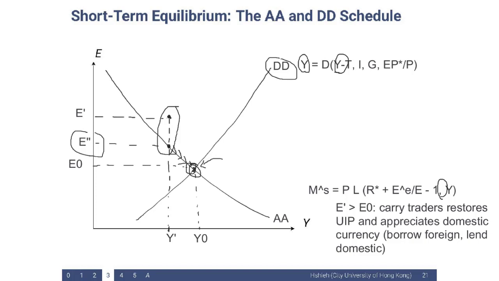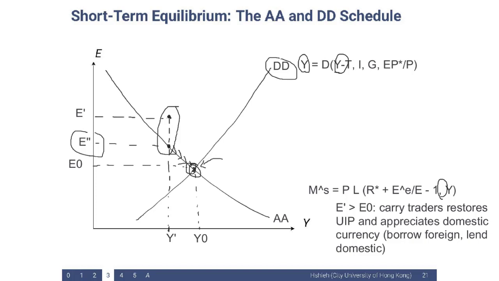All right, so let's talk about the mechanisms. Let's talk about the simple part. Suppose we have E prime that exceeds E naught. What's the first thing that happens? Carry traders come in.